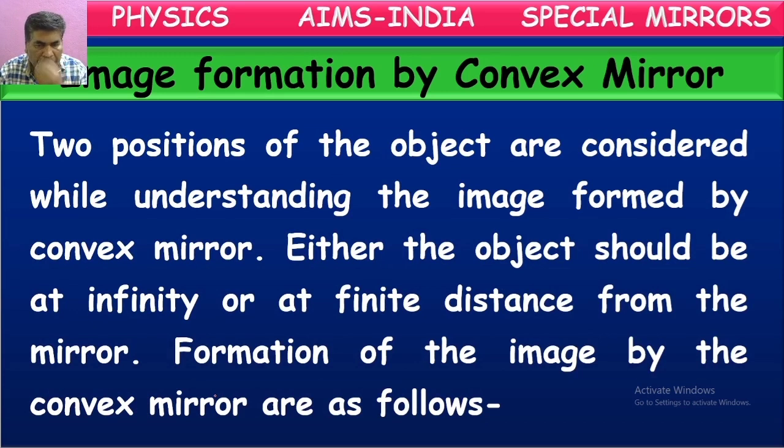A convex mirror is a spherical mirror whose reflecting surface is curved outwards. If this is the mirror, this outer, curved outward part acts as the reflecting surface, and the inner part acts like the hard surface.